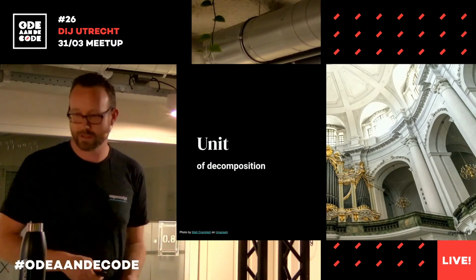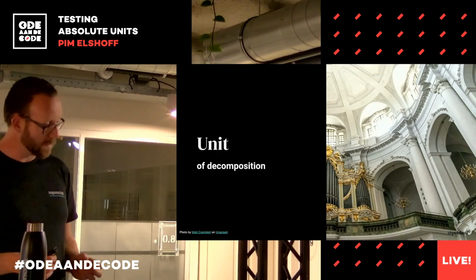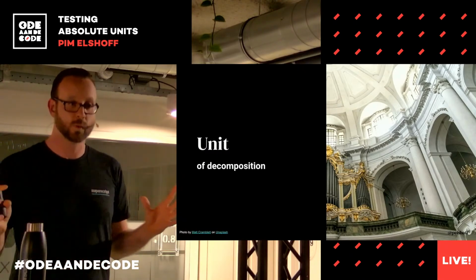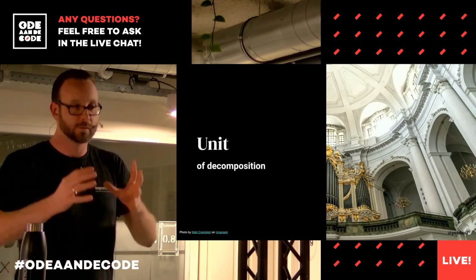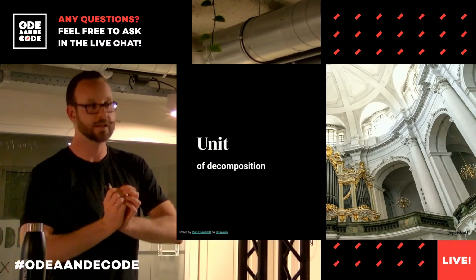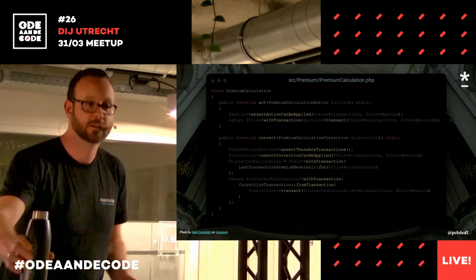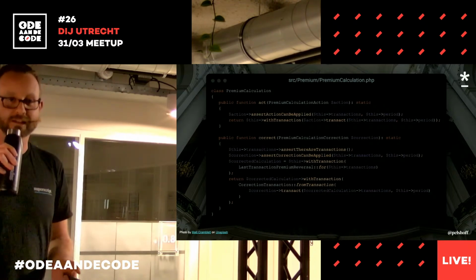But we'll dive into that just a little bit. A unit of decomposition, being able to decompose the bigger problem into a smaller problem, to reduce the amount of knowledge that we don't know yet but need to know to solve our problem. Could this be a unit? Can everybody read this?